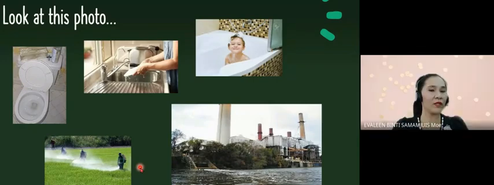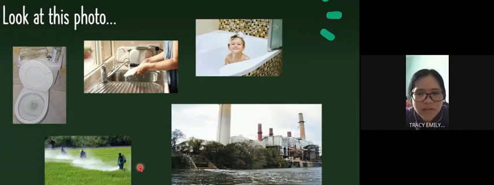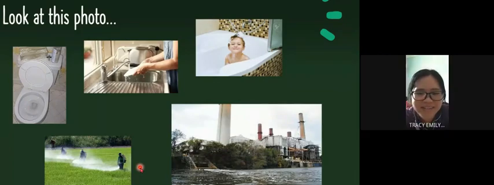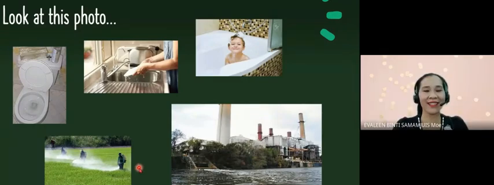What are they doing? Spraying fertilizers on the plants. Are you sure it is fertilizer? Is it watering? Maybe it is fertilizer or pesticide, right?